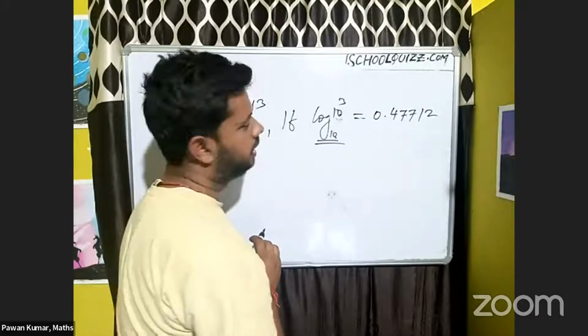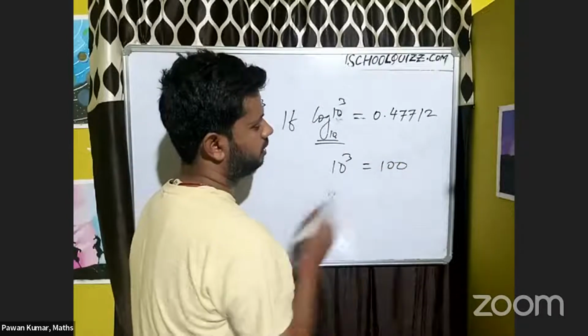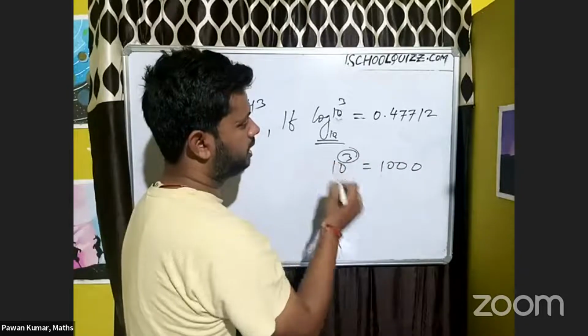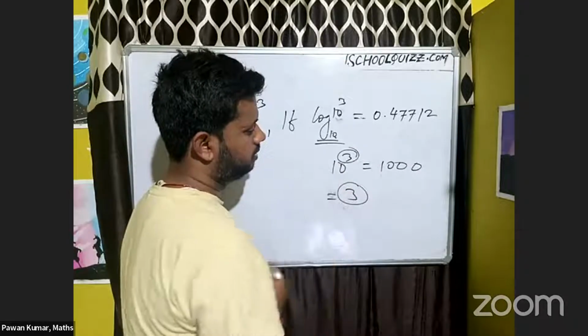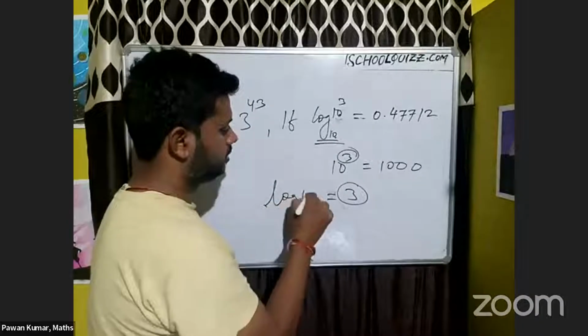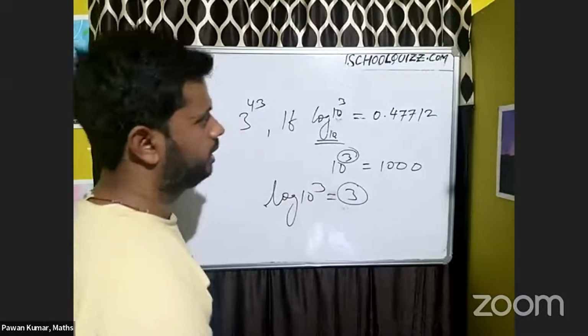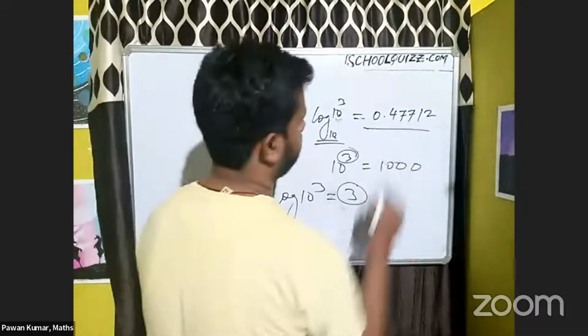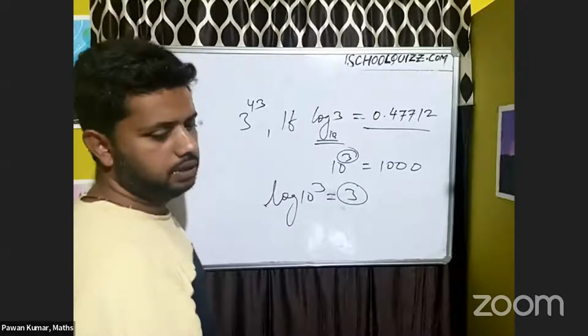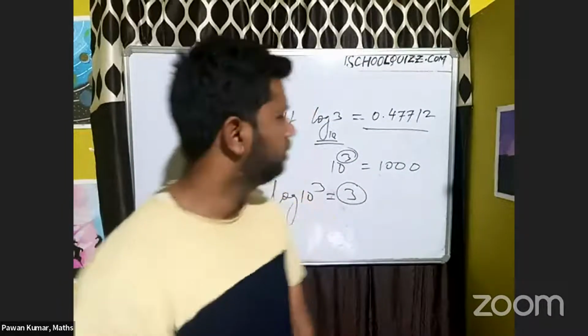Log of base 10, correct? 10 to the power 3 को हम पावर में लिखें, तो 1000 बेसिकली अगर 10 के पावर में लिखे तो इसका आंसर क्या आना चाहिए? 3 आना चाहिए. But you are saying this value is for log base 10 of 3. ठीक है?